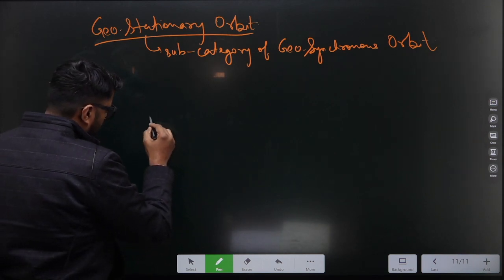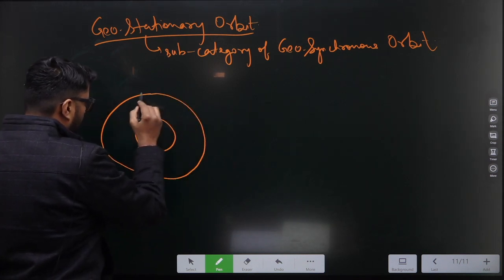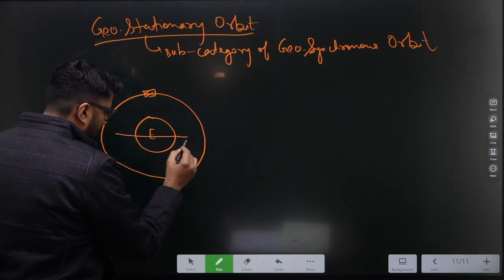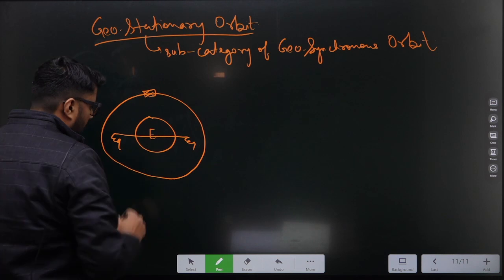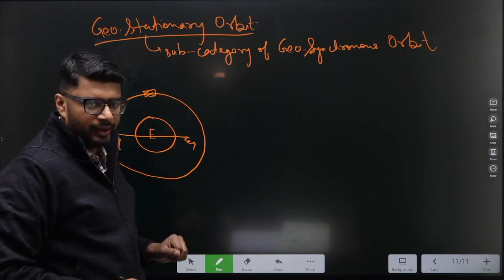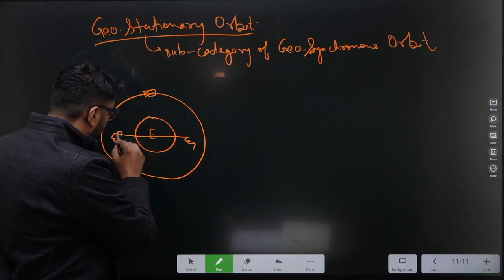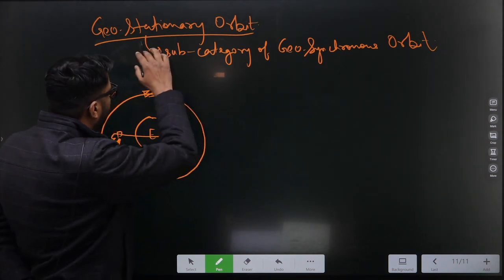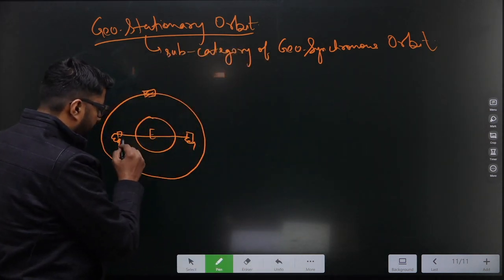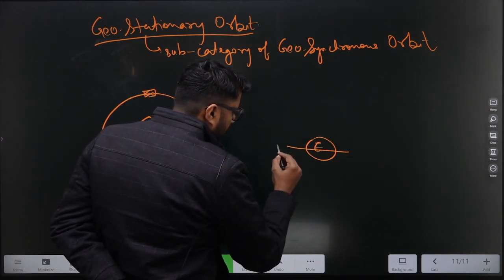Let's see. This is the Earth, this is the geosynchronous orbit, this is a satellite, and this is the equator. If the satellite is placed on the geosynchronous orbit and also on the equator, it is called geostationary. Stationary means one location.